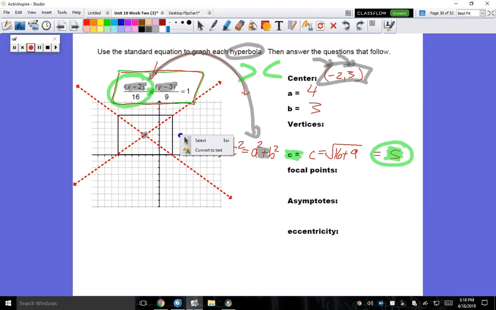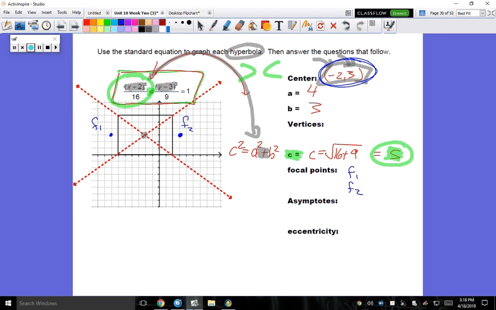Focus is singular, foci is plural. So 1, 2, 3, 4, 5, there's the other focus. You with me? So I jumped left and right 5 units from this number. Let's call this F1. Let's call this F2.